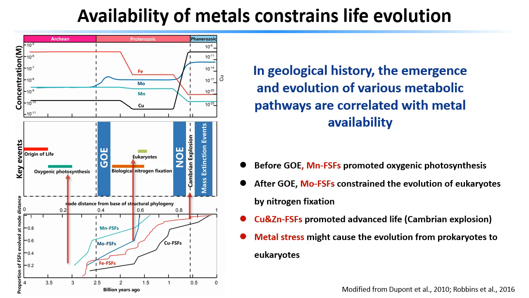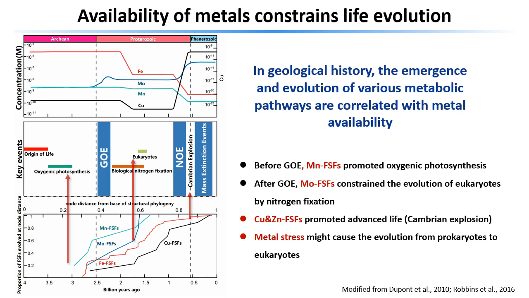The correlations of metal global availability in the ancient ocean and key geological events like the GOE or NOE, and also the emergence of metalloproteins, are shown in these three figures. Together, we can see that in geological history, the emergence and evolution of various metabolic pathways are correlated very well with metal availability. To give several examples: before the GOE, manganese-binding proteins promoted oxygenic photosynthesis.